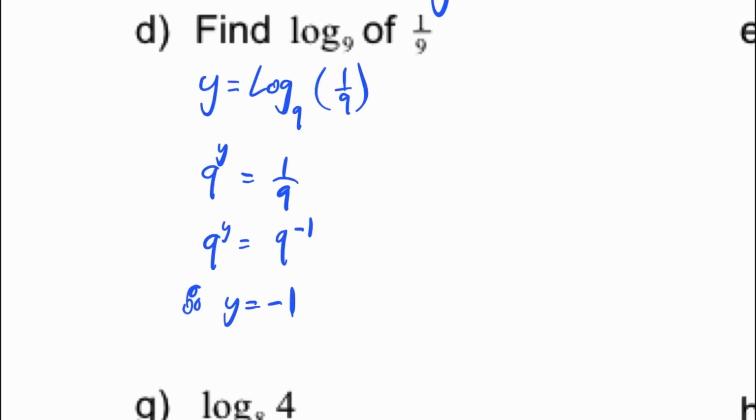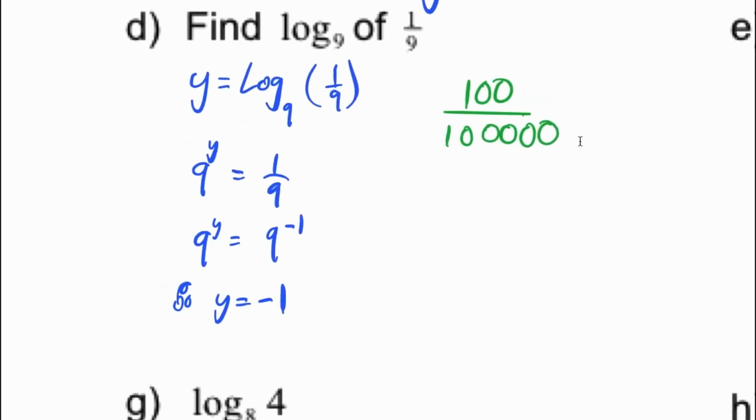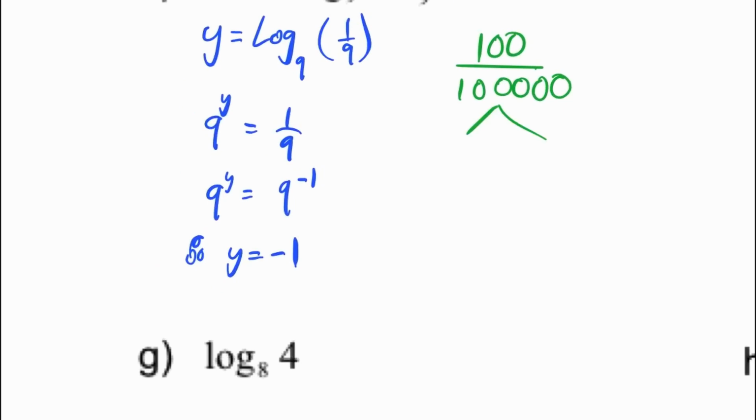And once again, why do we have negative exponents? These are always good things to review. Let's say we have 100 over 100,000. Okay, well, there's a couple of ways that we could simplify that. We could just cancel out a couple of zeros. And if we do that, we get 1 over 1,000, which is equal to 1 over 10 cubed. Or we could do it this way. 100 is the same as 10 squared, and 100,000 is the same as 10 to the 5.